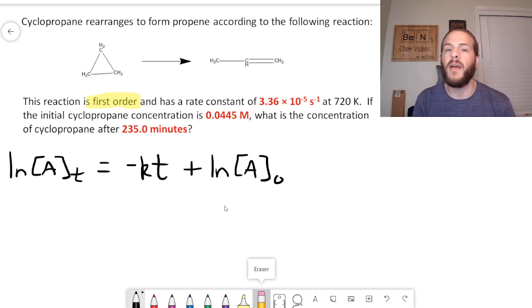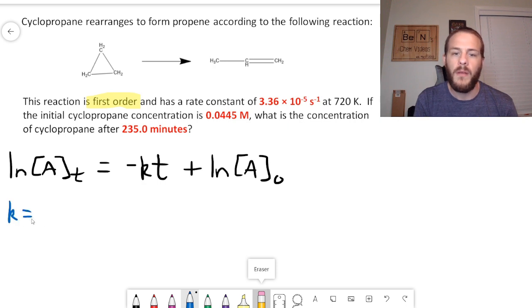So what we need to do is identify what all of our known values are, and then algebraically solve for our unknown value, right? Let's identify all of our knowns. It tells us that the rate constant, k, is 3.36 times 10 to the minus 5 inverse seconds.